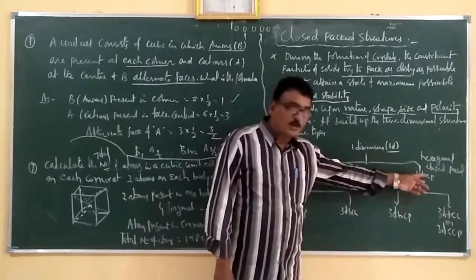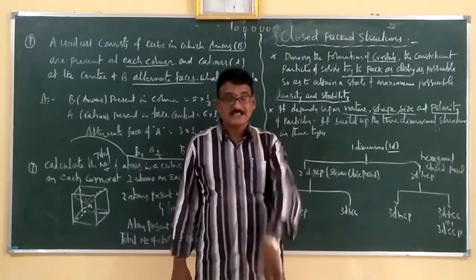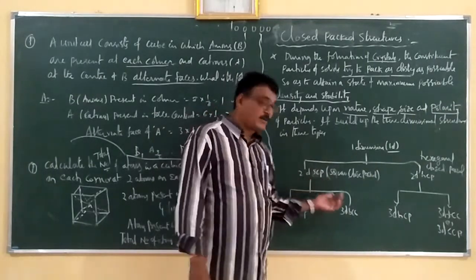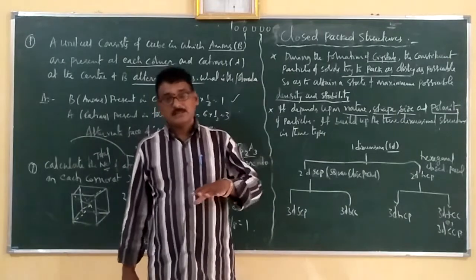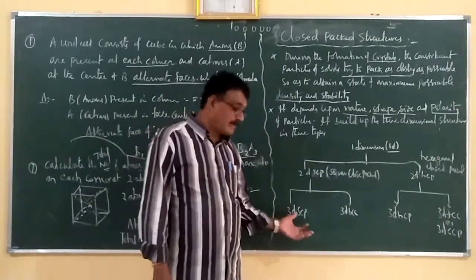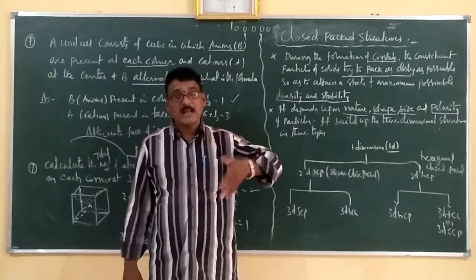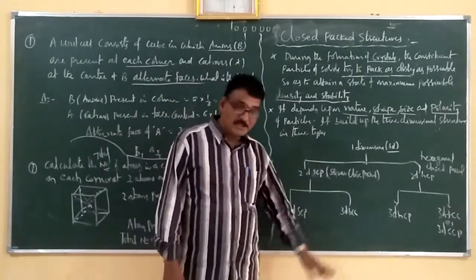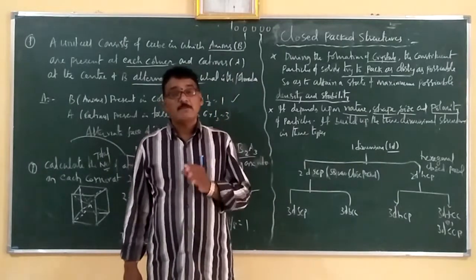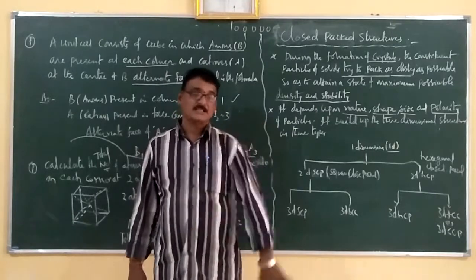What do you mean by 2D HCP? Two-dimensional hexagonal closed packed structures. What do you mean by 2D SCP? Two-dimensional square closed packed structures. What do you mean by 3D SCP? Three-dimensional square closed packed structures. What do you mean by 3D BCC? Three-dimensional body-centered cubic closed packed structures.